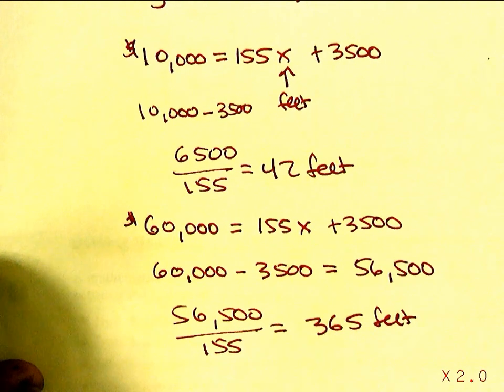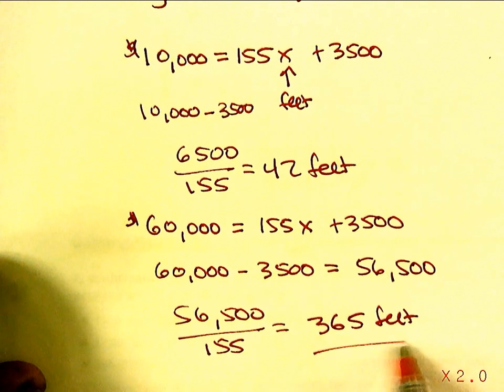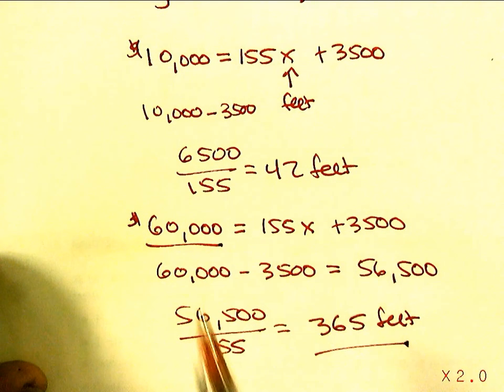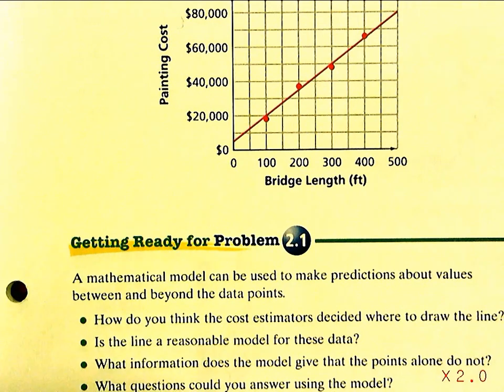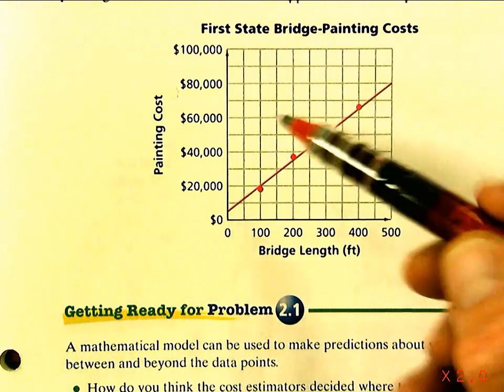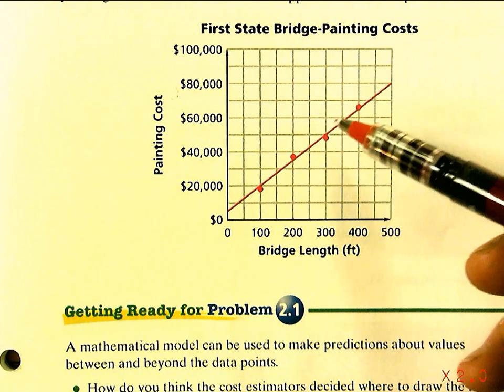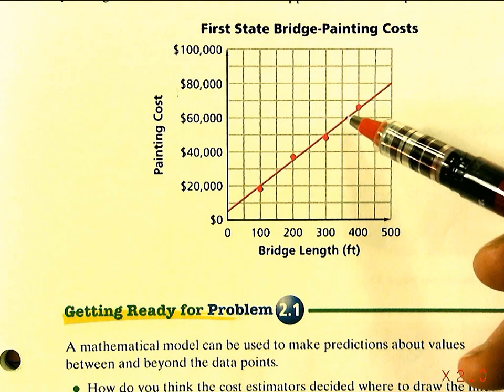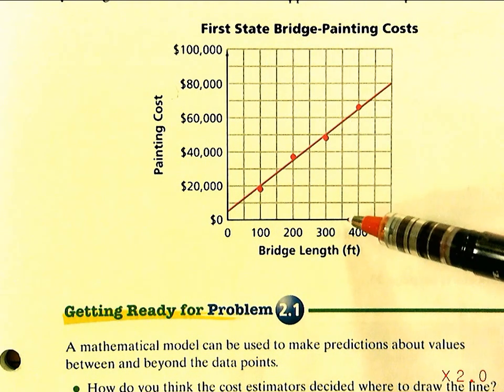And we can go back to the graph. Is that 365 feet? We started with $60,000. If I go back to the graph, $60,000, go over to here and down, you can see it's right where I estimated, 365, there's 350, 365 feet of bridge.